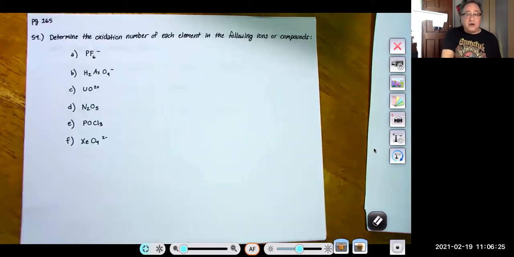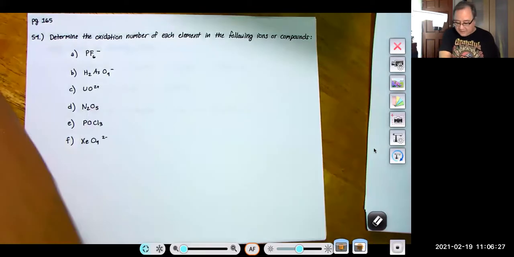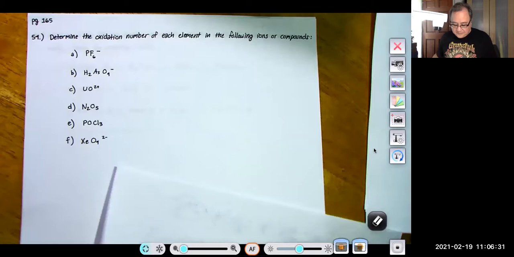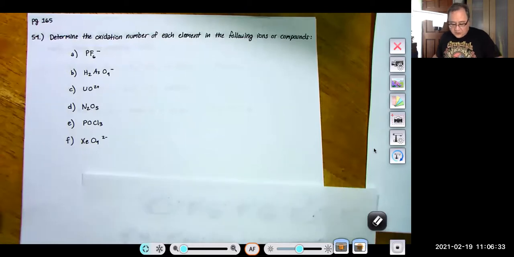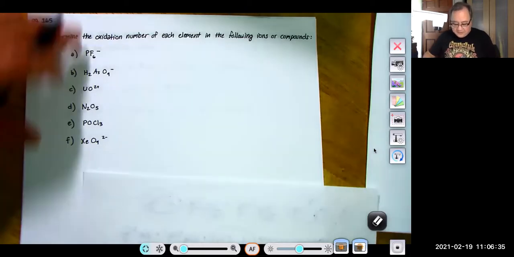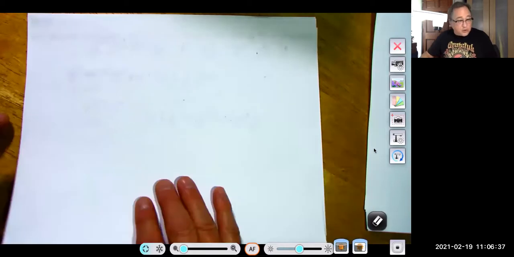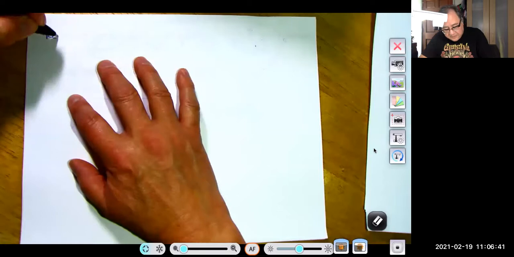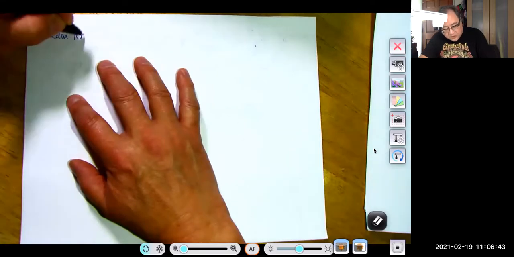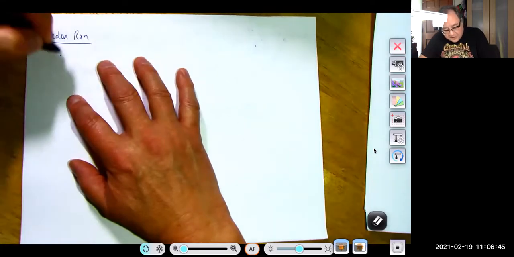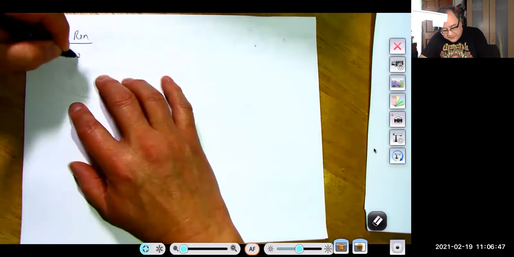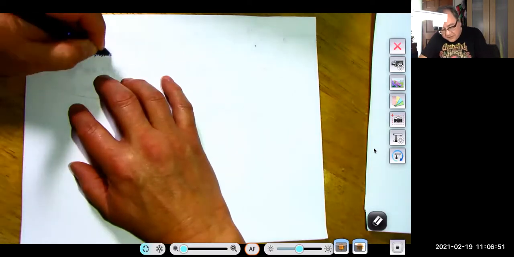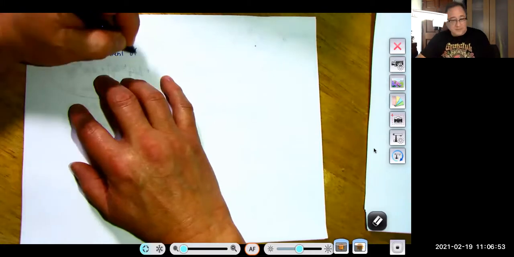And I wanted to start just a little bit of oxidation reactions. So you'll notice they're asking about the oxidation number. And I'm going to show you why. So this is a redox reaction. Redox reactions involve the movement of electrons.